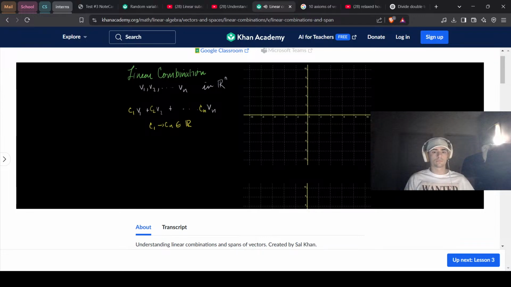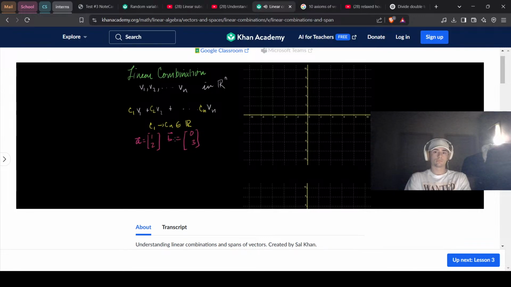Let me define the vector a to be equal to, and these are all bolded. These purple v's are all bolded. Those are vectors, sometimes written bolded. So let's just say I define the vector a to be equal to 1, 2, and I define the vector b to be equal to 0, 3.